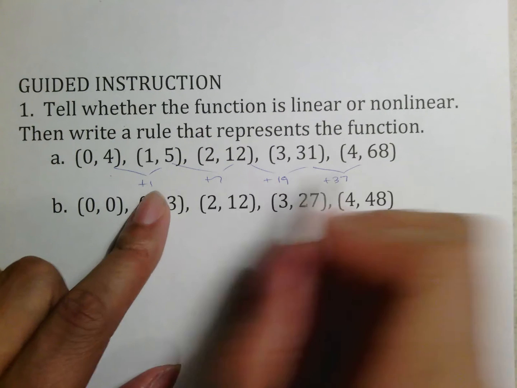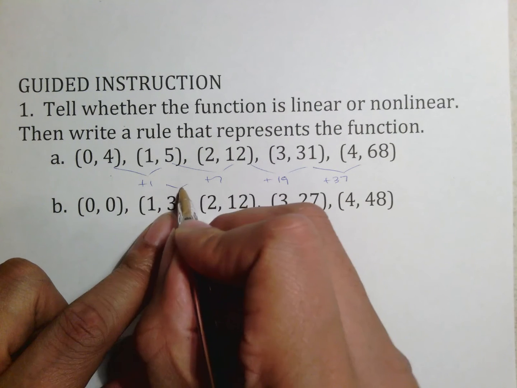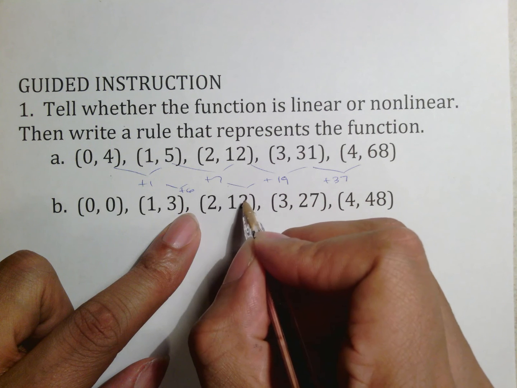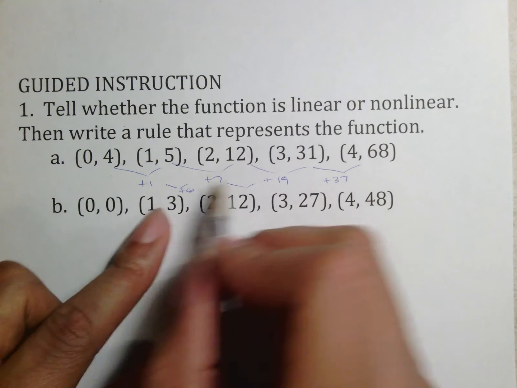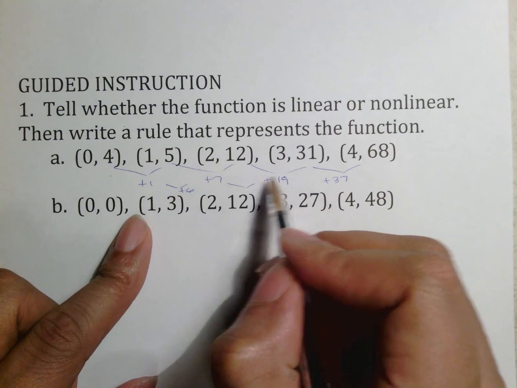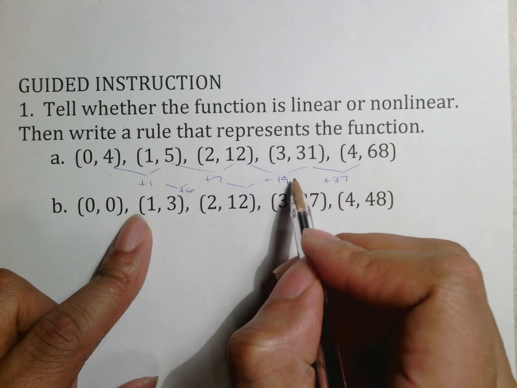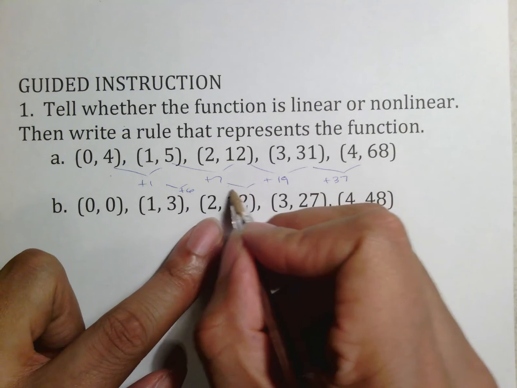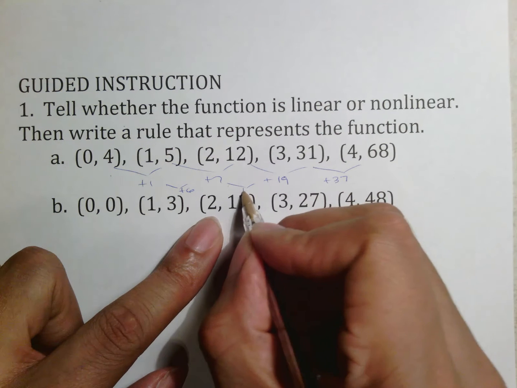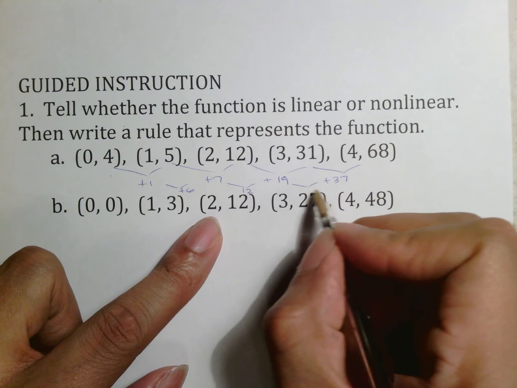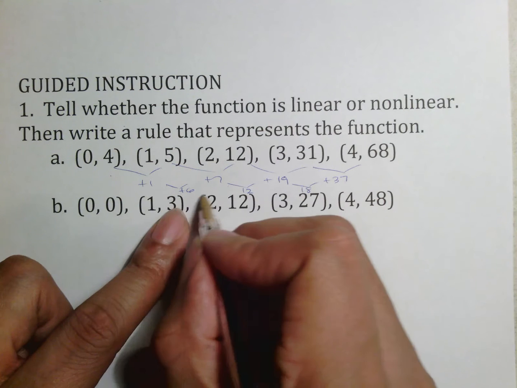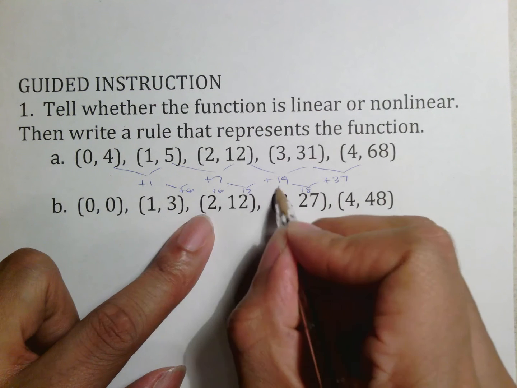Checking those common differences, from 1 to 7 is plus 6, 7 to 19 is plus 12, and this is plus 18. And then when I check those, I get 6 and 6.